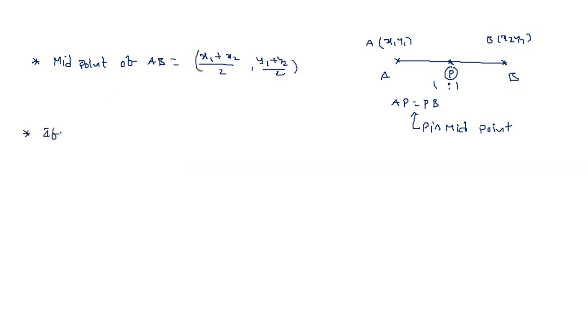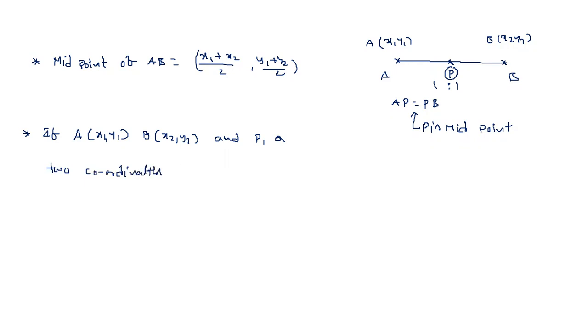Suppose A is (x1, y1), B is (x2, y2), and P and Q are two coordinates.